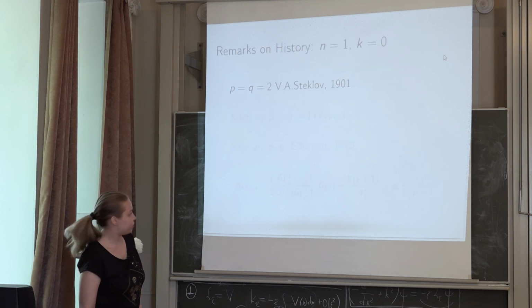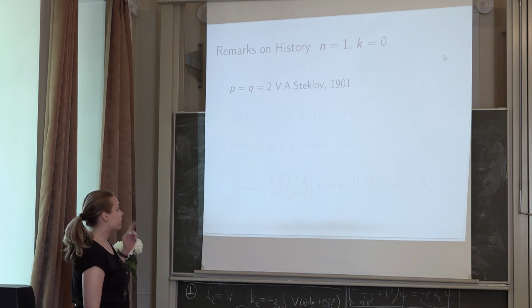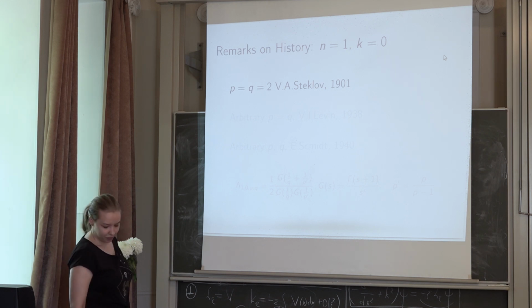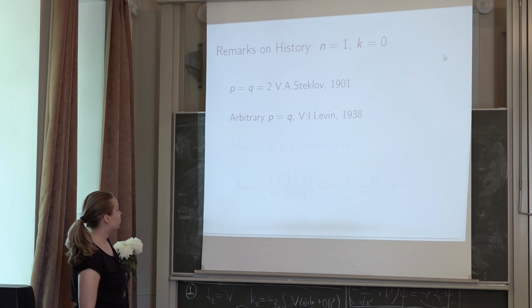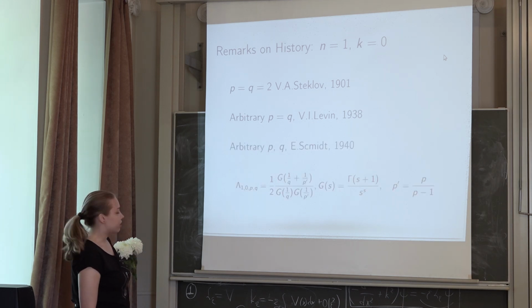So the first results on it were obtained in the 20th century for the case n equal to 1, k equal to 0. In 1901, Steklov found it for p equal to q equal to 2. In 1938, Levin found embedding constants for arbitrary p equal to q. And finally, Schmidt solved this problem for arbitrary p and q in 1940.